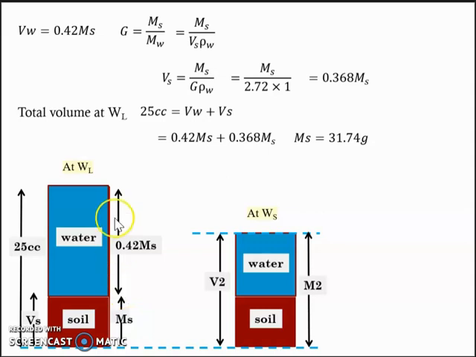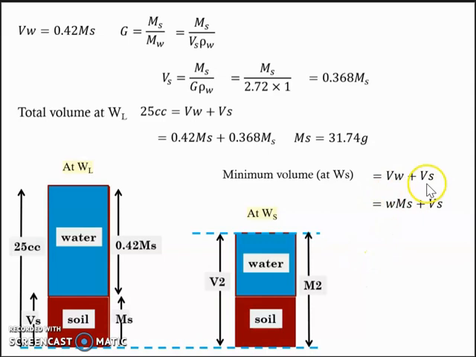Now the minimum volume, which is at the shrinkage limit, is V2. That's nothing but the volume of water plus the volume of the solids, Vw plus Vs. Now Vw equal to water content multiplied by Ms, water content at the shrinkage limit. That's important. We are talking about the shrinkage limit here now.